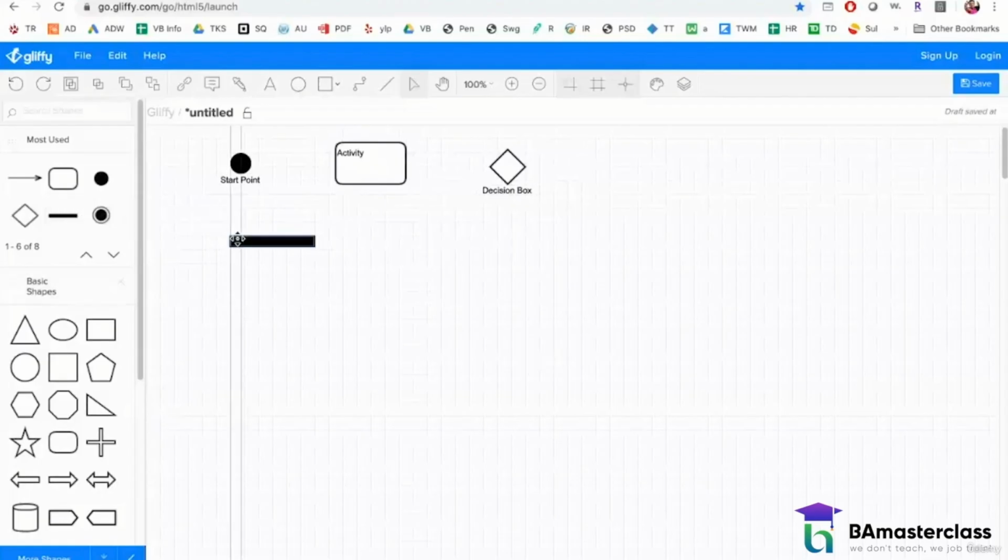It consists of a bar like this, which is known as a fork or synchronization bar.